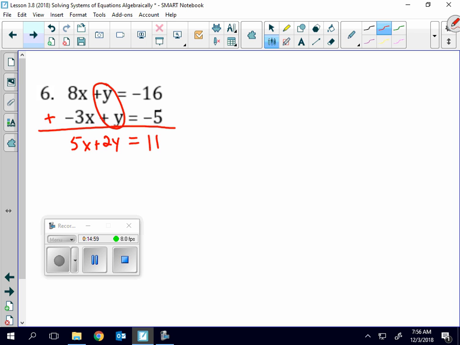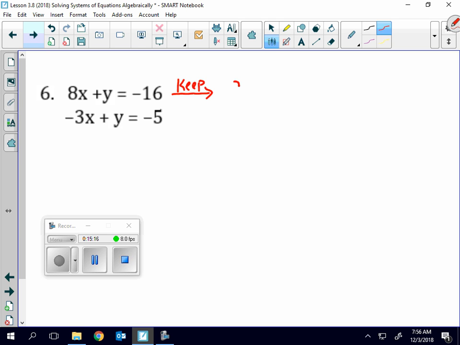So what we need to do is multiply through by a -1 to either equation, it doesn't matter. Let's do the bottom one this time to be different. Okay, so the top one we're going to keep, I'll write the word keep here. So that's going to just be exactly the same, 8x plus y equals -16. Okay, so this time we're going to have to change this one, which we're going to multiply by a -1.